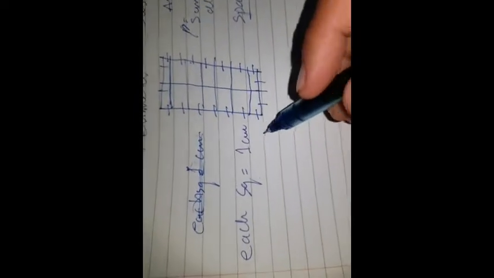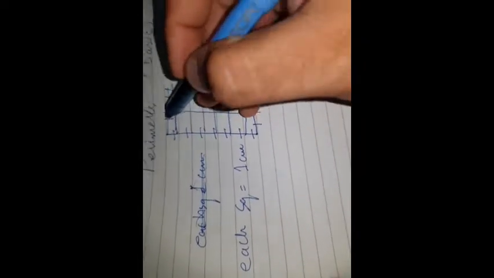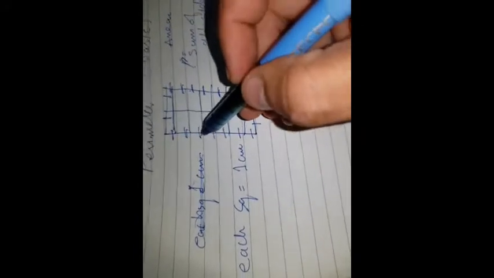So I will count again, 1, 2, 3, 4, 5, 6, 7, 8, 9, 10, 11, 12, 13, 14, 15, 16, 17, 18. So right now my perimeter is 18 centimeter.